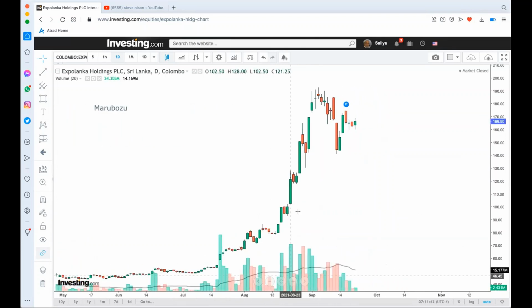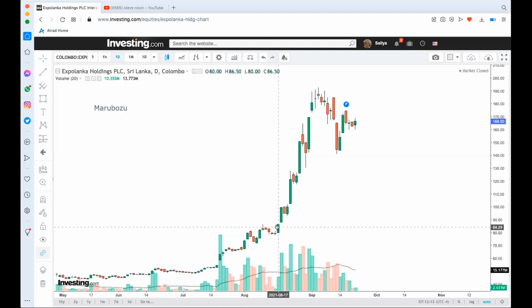If you take these 2 candles, especially this candle, just draw your attention to these values. The open is 80 rupees, the low is 80 rupees, the high is 86.50, the close is 86.50.